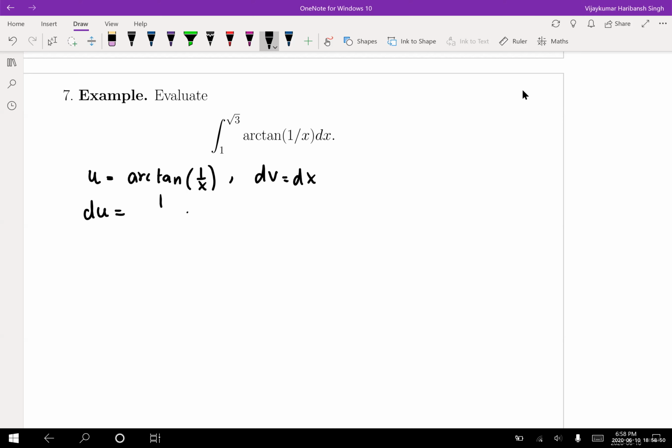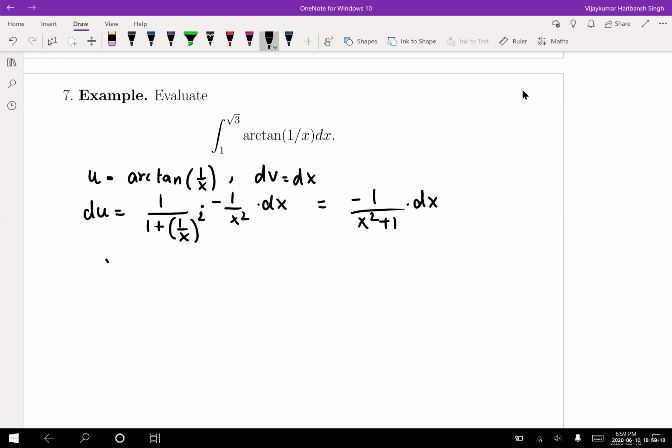It's going to be 1 upon 1 plus 1 by x squared multiplied by the derivative of 1 by x, which is minus 1 by x squared, times dx. And you can simplify this, multiply x squared inside, so you get minus 1 upon x squared plus 1 times dx. Now, that is your du.